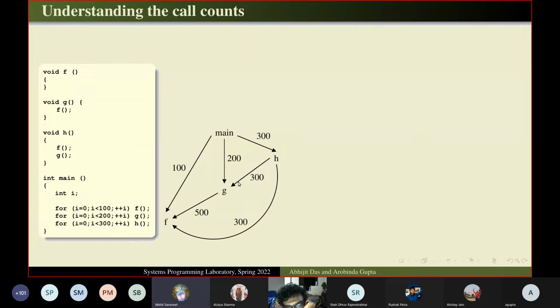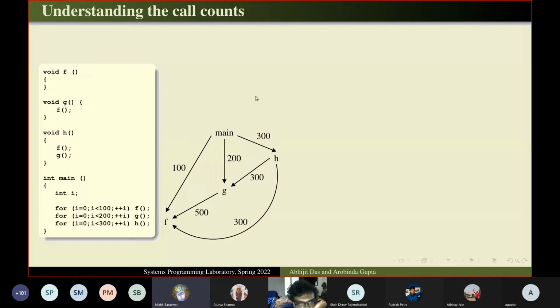But if you see g, it is invoked by main 200 times and by h 300 times. The total number of times g is invoked is 200 plus 300, 500. So g calls f 500 times. So how many times is f called? 100 plus 500 plus 300. That is 900. This is what is meant by the call graph in pictorial form.